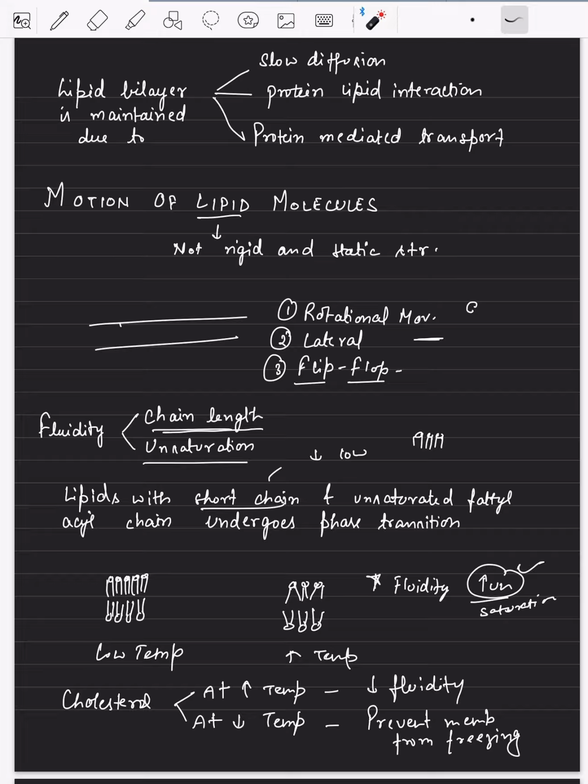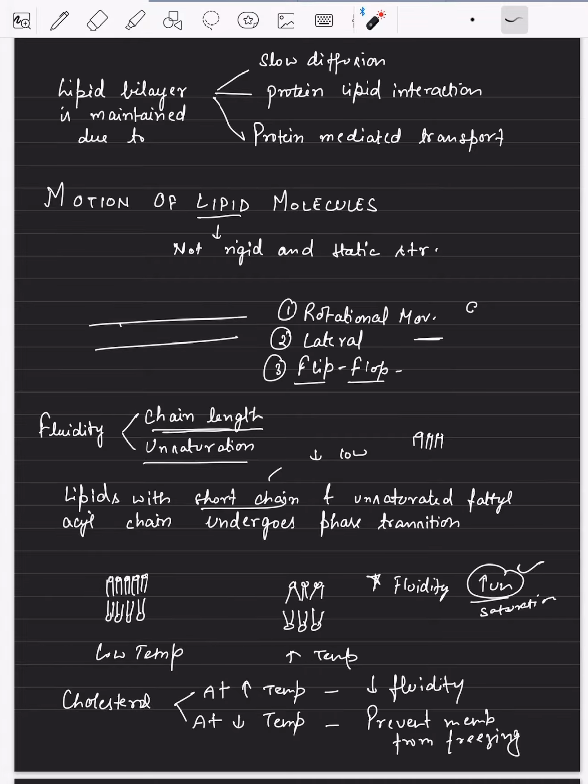If the lipid has short chains and unsaturated fatty acids, they will undergo a transition. So at low temperature, you can see what the scenario of the plasma membrane will be, whereas under high temperature, the fluidity will increase.